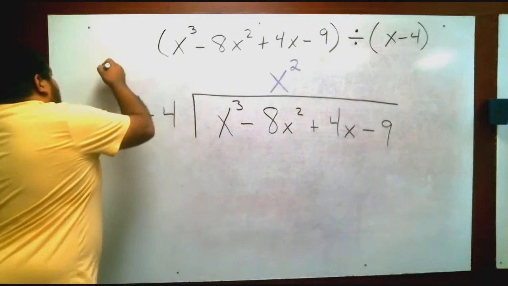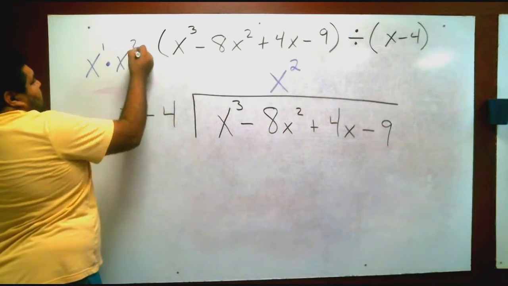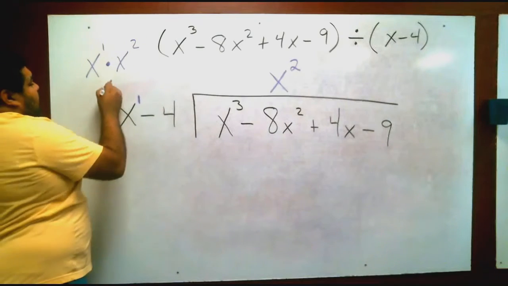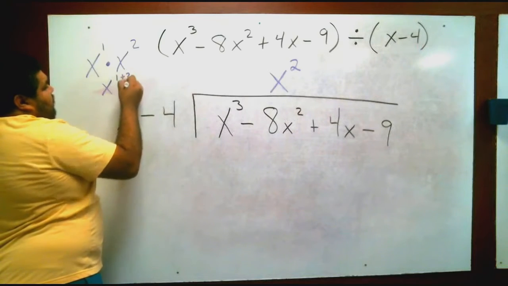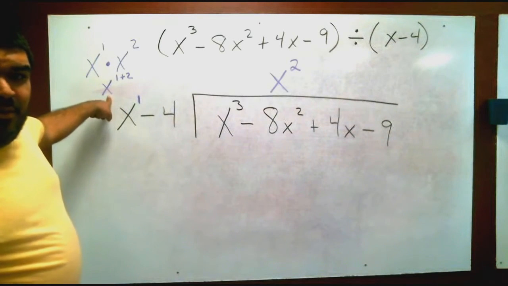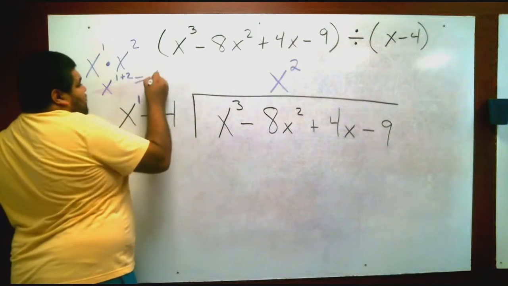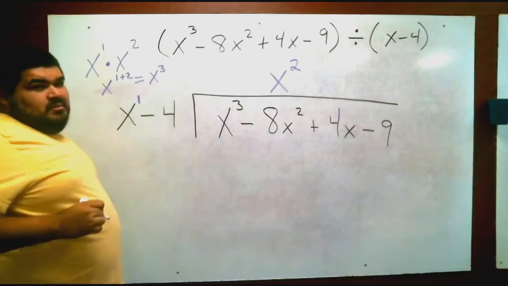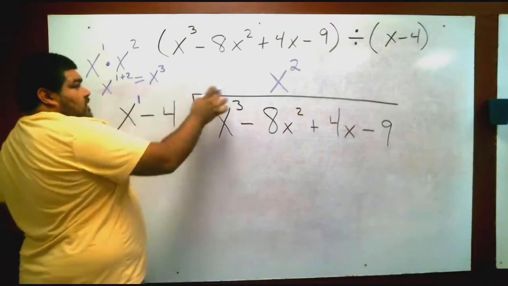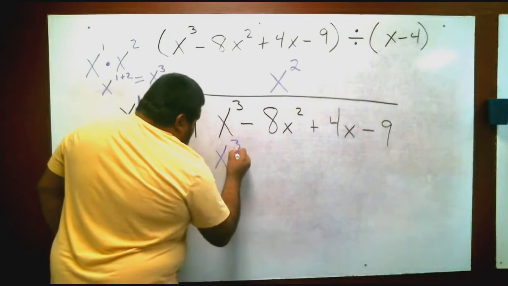Because remember, x^1 times x^2 is like saying x^(1 plus 2), which is x to the third. Okay? So again, x^1 times x^2 is x to the third.